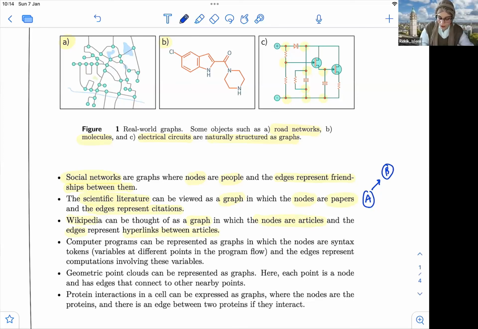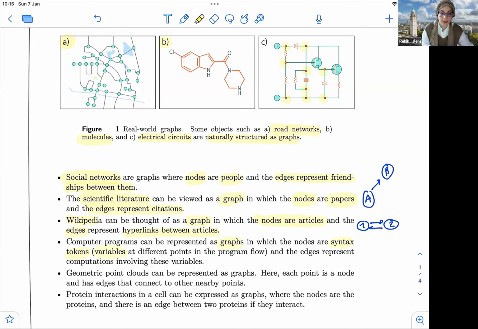So if you have, for example, article 1 and article 2, you have these kind of hyperlink edges that connect these two articles. Computer programs can also be represented as graphs. So it's everywhere, from social networks and scientific literature to programs that we're coding up, where nodes are syntax tokens. For example, they can represent variables.